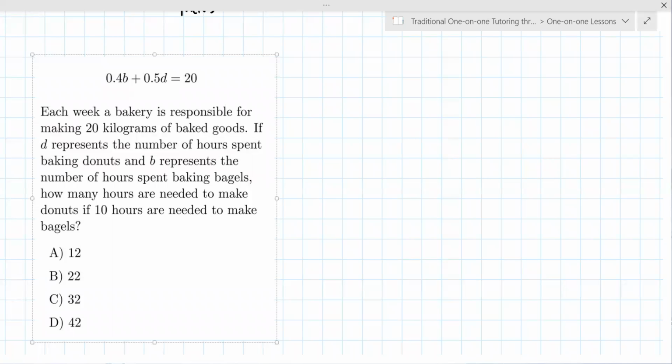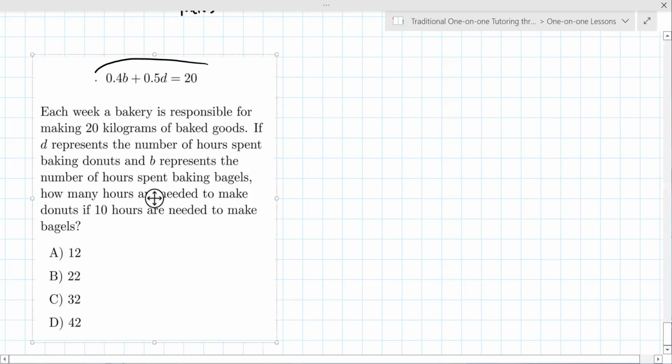Each week, a bakery is responsible for making 20 kilograms of baked goods. If D represents the number of hours spent baking donuts and B represents the number of hours spent baking bagels, how many hours are needed to make donuts if 10 hours are needed to make bagels? The equation has both a B and a D in it.